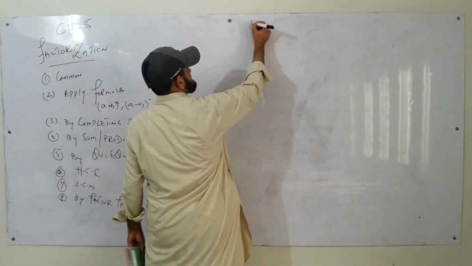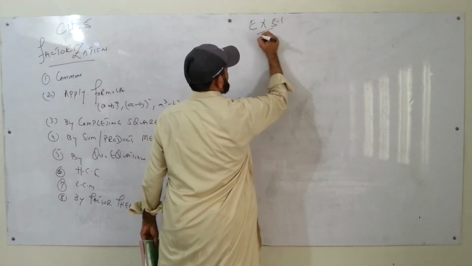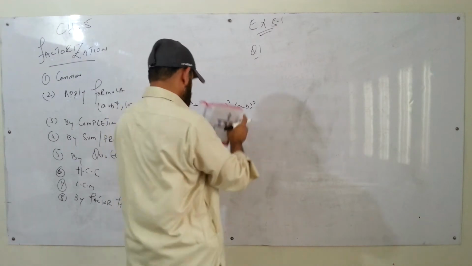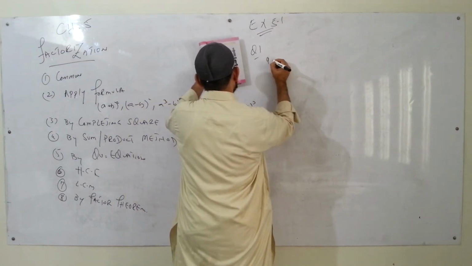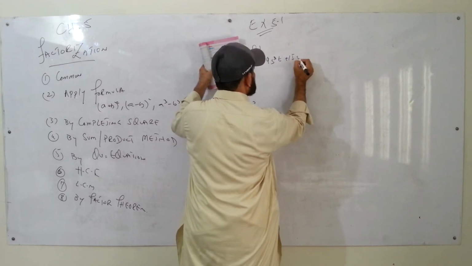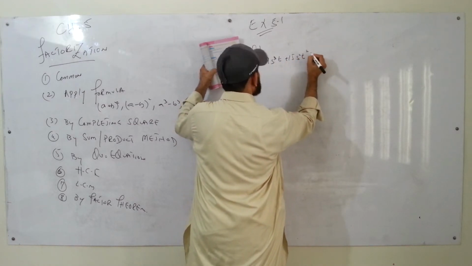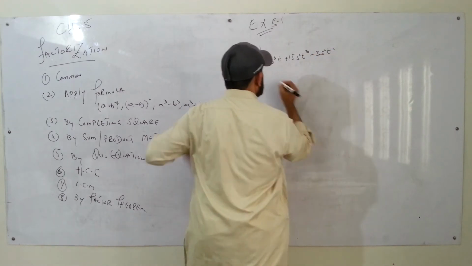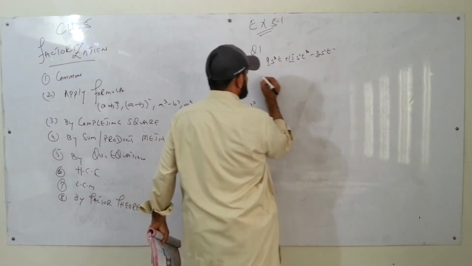Now, exercise 5.1, question number 1: 9s^3t + 15s^2t^3 - 3s^2t^2. 9, 15 and 3: 3 is common.